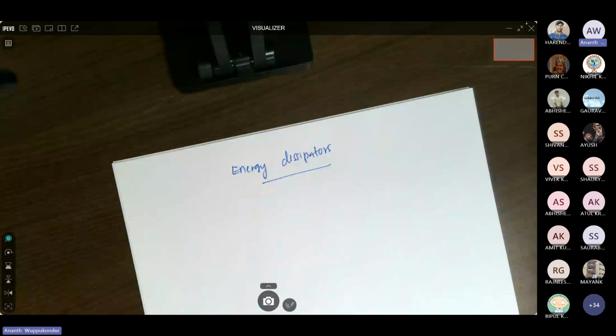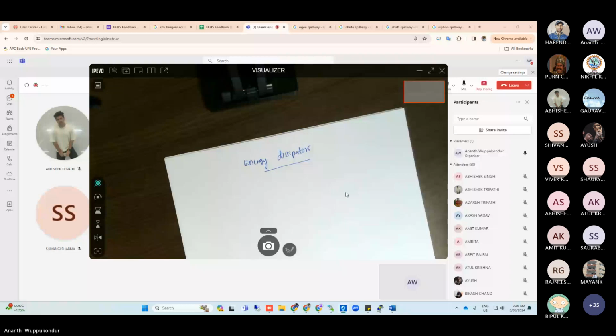And why do we need to dissipate this energy? So does anyone want to take a guess why we want to dissipate the energy? To reduce the erosion caused by. Yes, that's right.